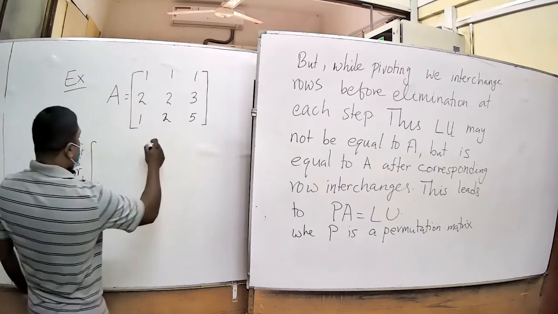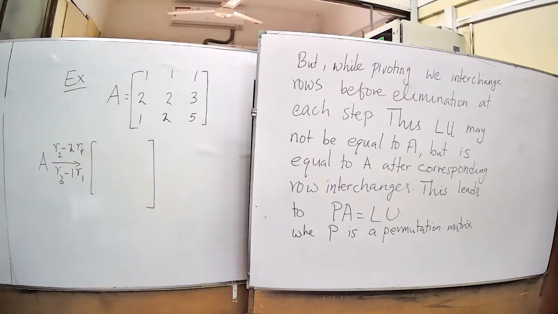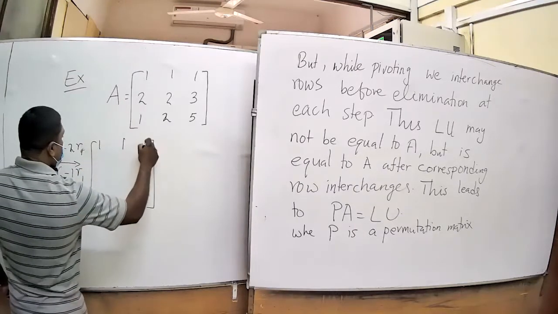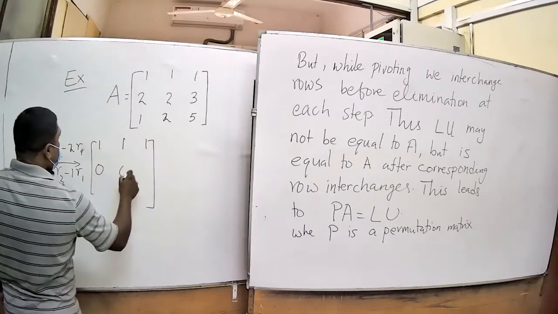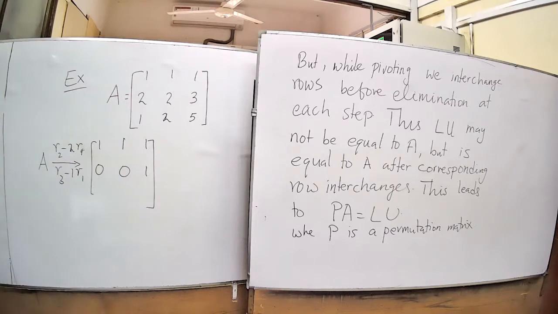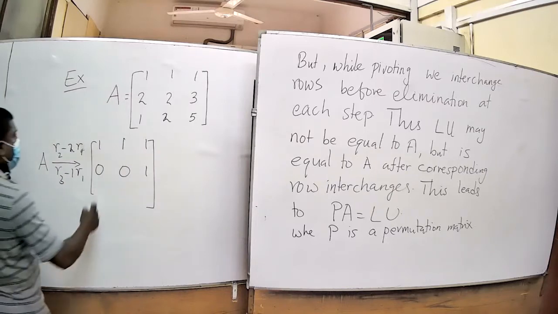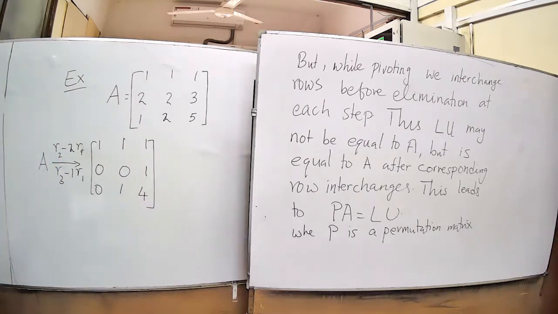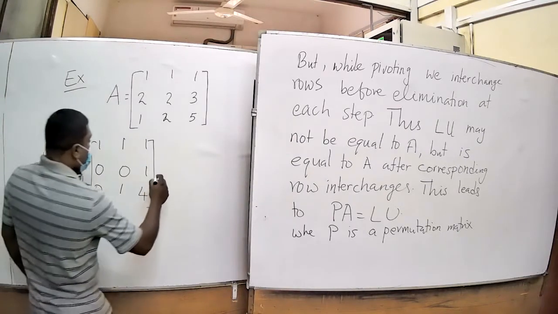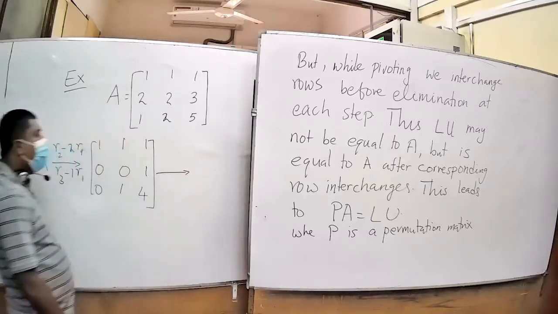When you do the row operation R2 minus 2 times R1, R1 is unchanged and the second row becomes 0, 0, 1. R3 minus R1 gives 0, 1, 4. Now you see the point: you cannot divide by this, so you have to interchange two rows.